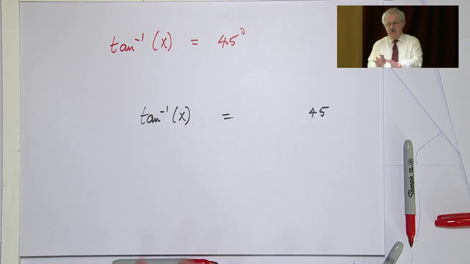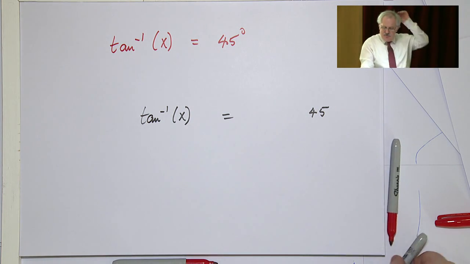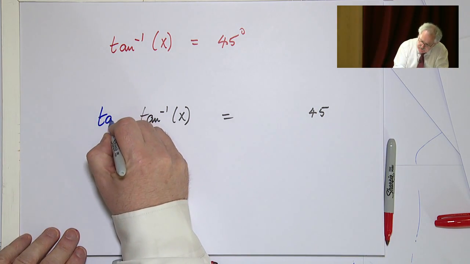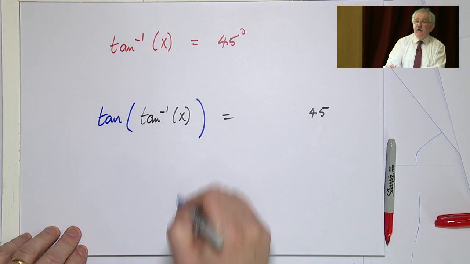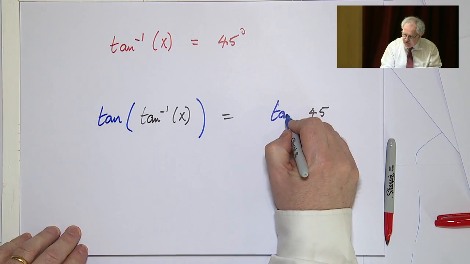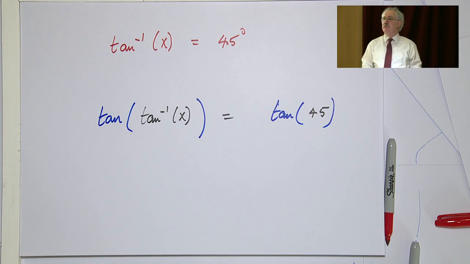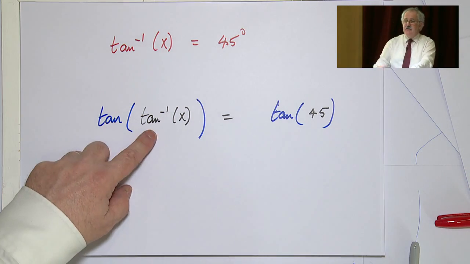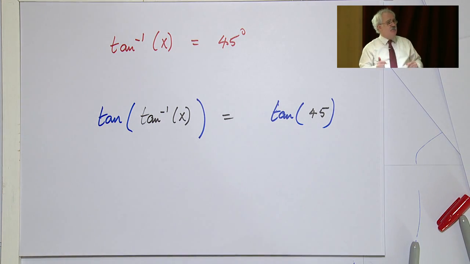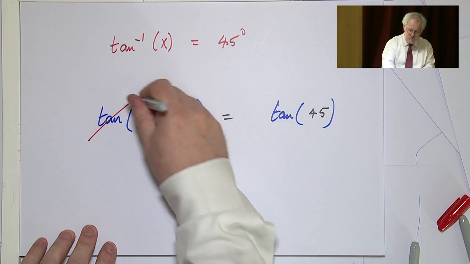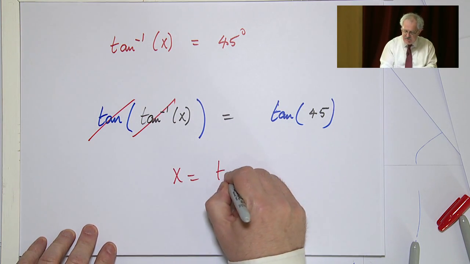Okay, leaving a bit of space. If I were to slip in tan here on this side and take the tan of this side, they'd still be the same, wouldn't they? Whatever I do on the left-hand side, I can do on the right-hand side. Isn't that right? Are tan and tan inverse partners? Are they opposites? x is equal to tan 45.